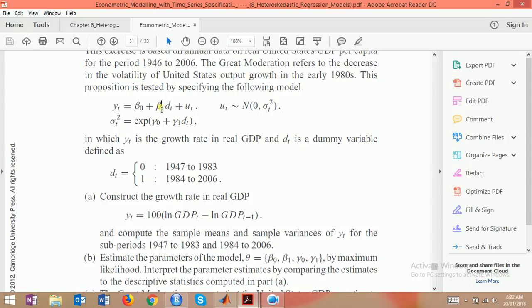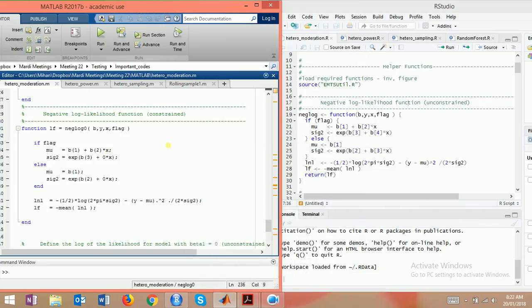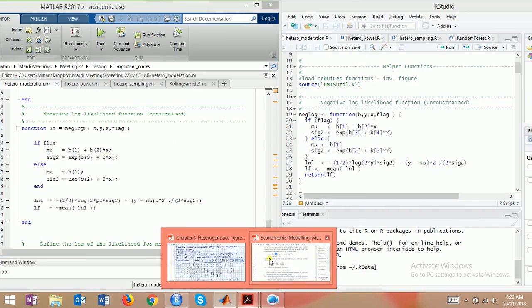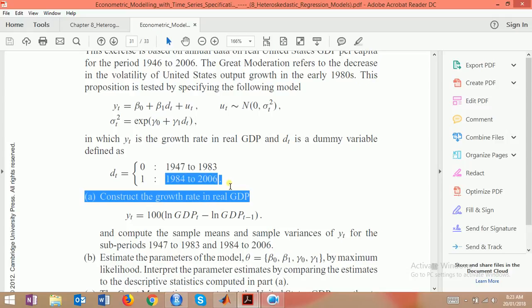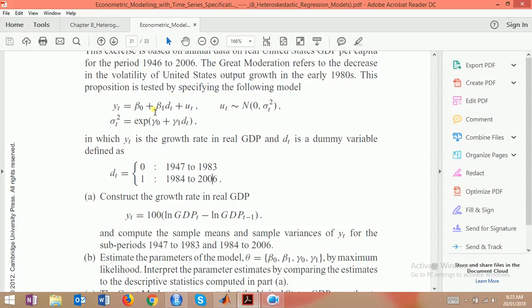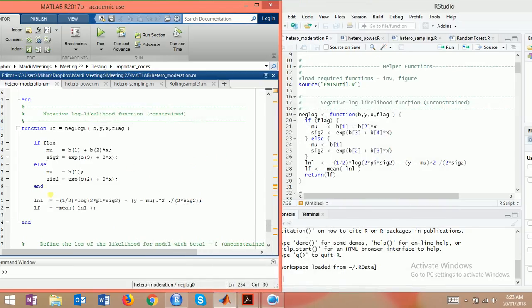Okay, flag is set against the dummy variable. So basically, if there is flag, then we have both the periods. If there is no flag, so after the moderation, before the moderation, that's why two different mu and sigma.